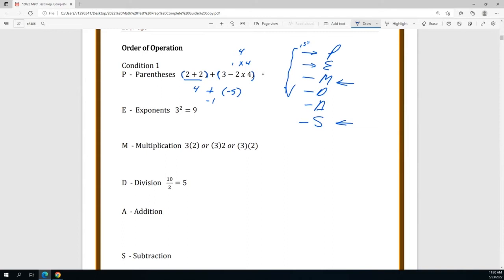The next one, exponents. With exponents, this little number here is the actual exponent. This number you can call either a base or a root. Most people call it a root. When you see exponents, it does mean multiplication, except it does not mean 3 times 2. You're not using this and this.